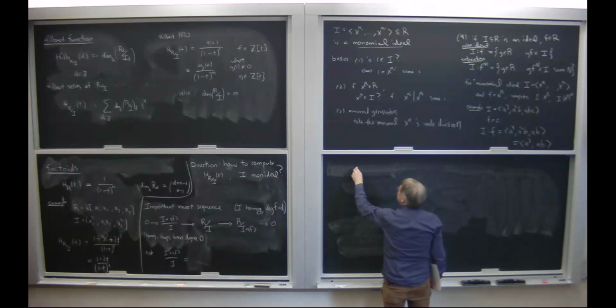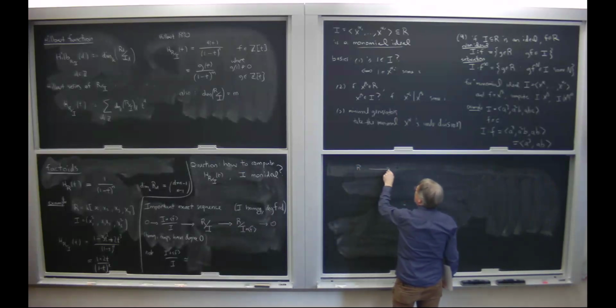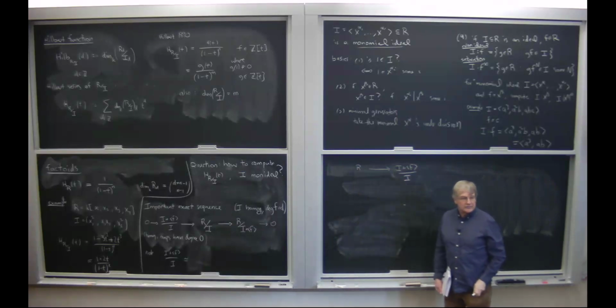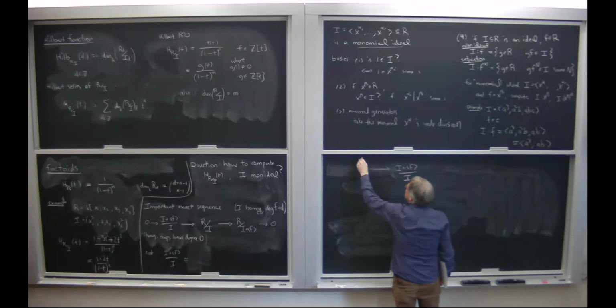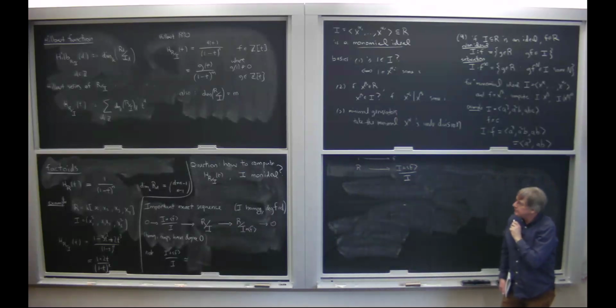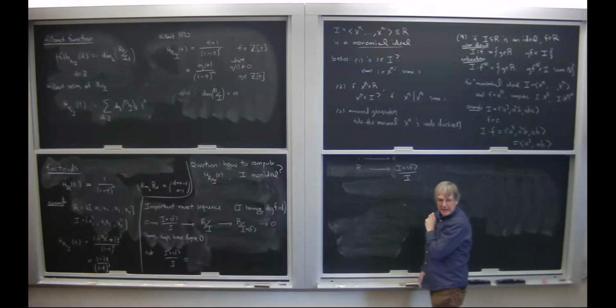So let's see. If I take R, I have a map from R to I plus F mod I. Okay. What is the map? It sends 1 to F. Okay. What's the kernel of this map?